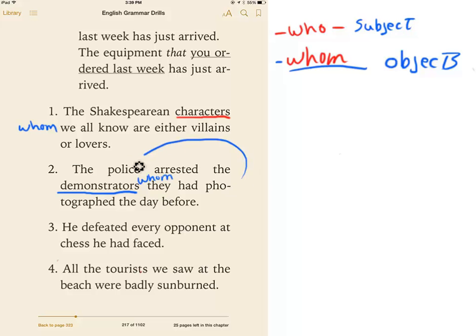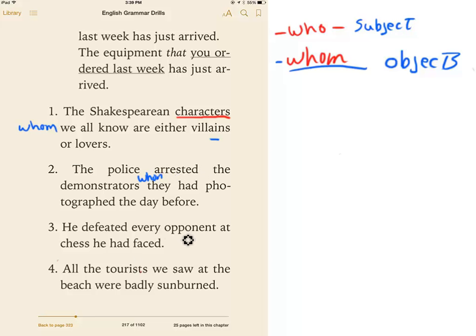The police photographed, not the demonstrators. The demonstrators were photographed. The police are the ones that actually took the pictures. So whom is not doing anything, because whom refers to the demonstrators, who are the ones being photographed. It is the object, not the subject. All right, let's take a look at the next one.